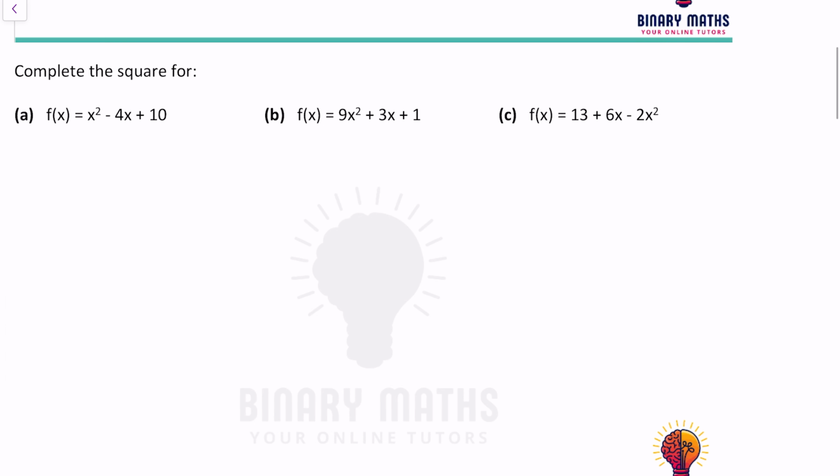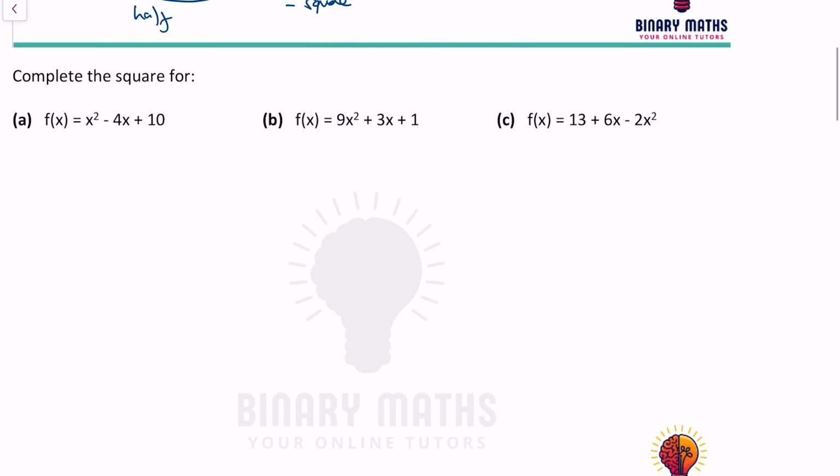So, first example. If I want to write it in completing the square format, there's an x always here. We've got -4 there, so I need to half it, which gives me -2. But remember, when I expand this, I'm going to get an extra square term, so I need to take away this square term, which is -2 squared, and then plus the 10, because I've got 10 here as well that I need to think about.